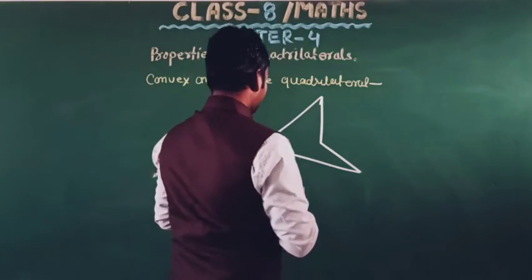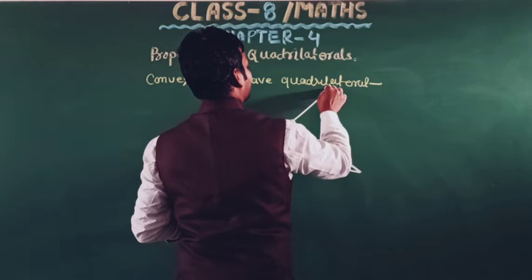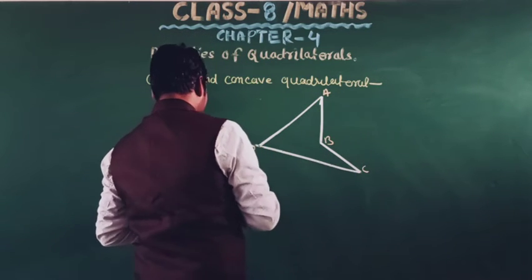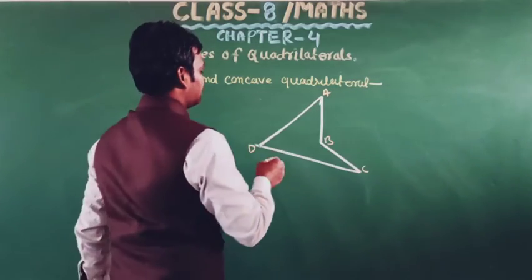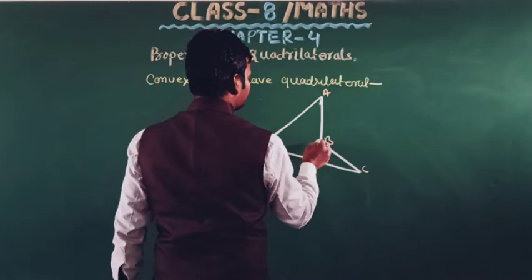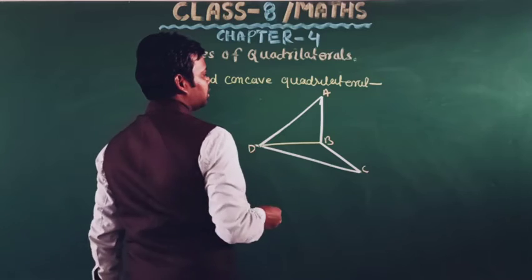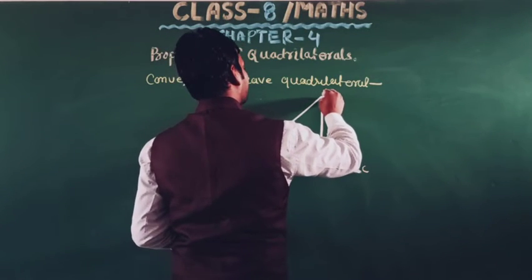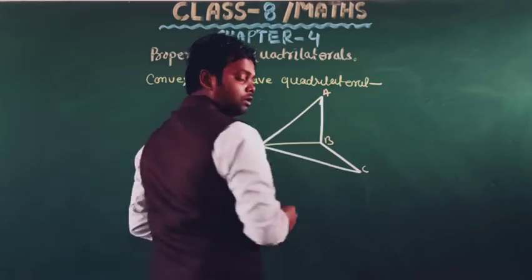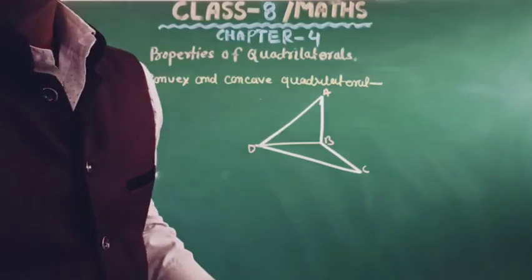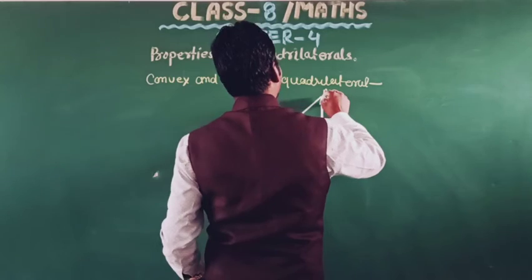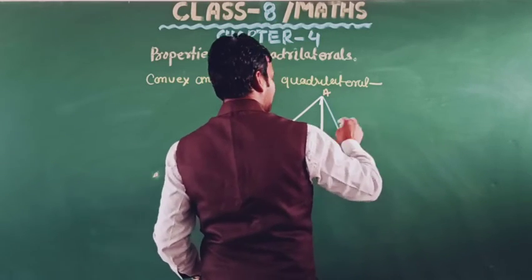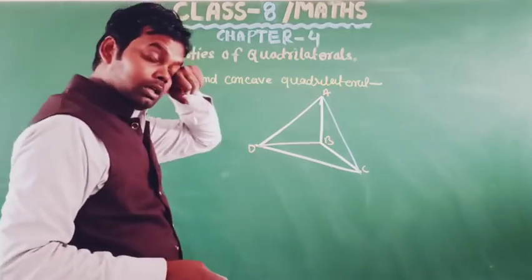Suppose this is a quadrilateral A, B, C, D. We have to draw the diagonals. This is diagonal BD, and the other diagonal is from vertex A to C. After drawing the diagonal from A to C, it lies outside.